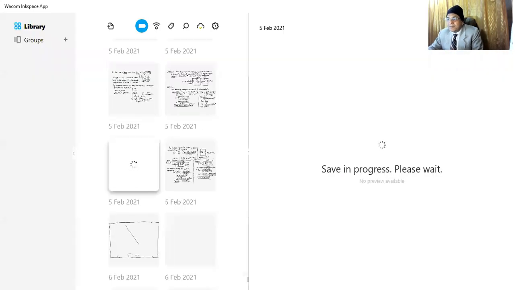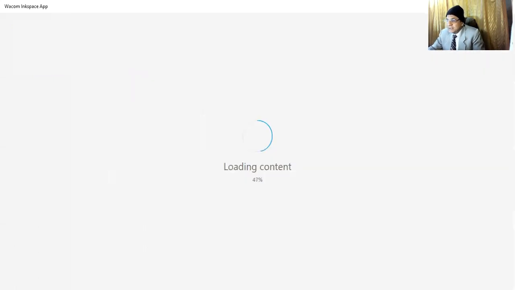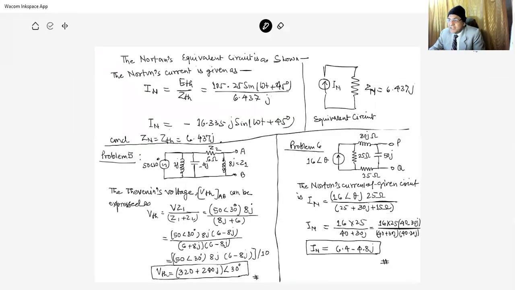After solving this angle we get this value, and on the basis of the value we can have the equivalent circuit. The Norton's equivalent circuit is as shown. Norton current IN is given by ETH upon ZTH. ETH is 105.25 sine omega t plus 45 degree divided by 6.437 j.